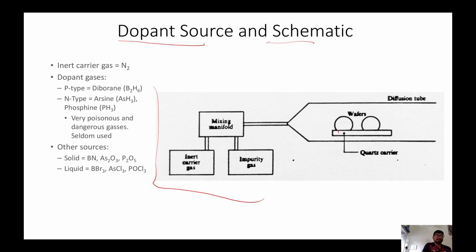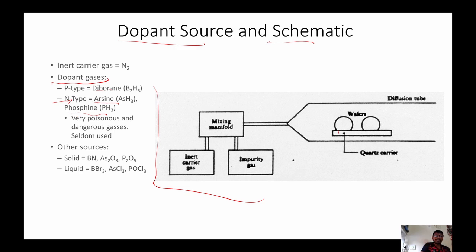There are different types of dopant sources: gaseous dopant, solid dopant, or liquid dopant. We will look into how you can use these dopant sources for the diffusion of the silicon wafers. For boron doping, diborane is there; arsine is there for n-type doping, and phosphine, or phosgene.